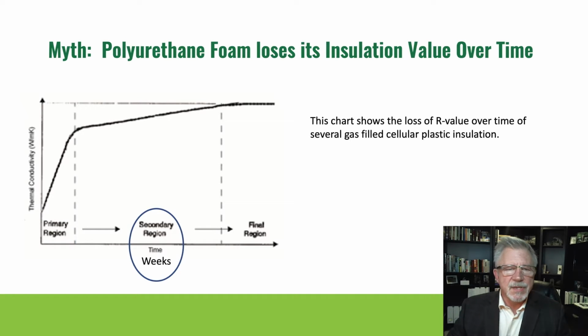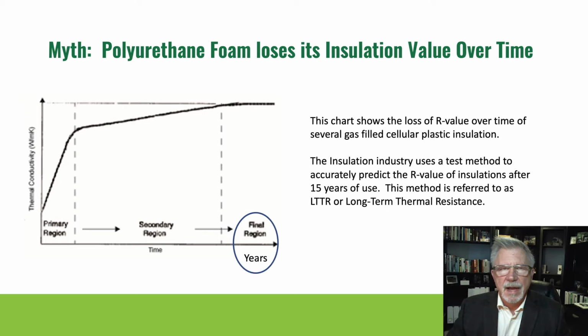If we look at the next area, this is in weeks. Again, that loss of insulation capability slows down and then it flattens out. So we become very stable. What is that time period? That's years. Now, the industry has said, well, how do we put a number on the insulation capability, the R value?